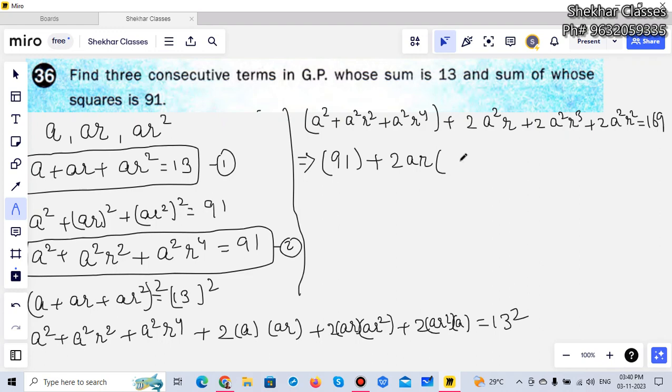What is left? Let's see. I have taken A common. It should come as A, so I made a mistake somewhere, I believe.